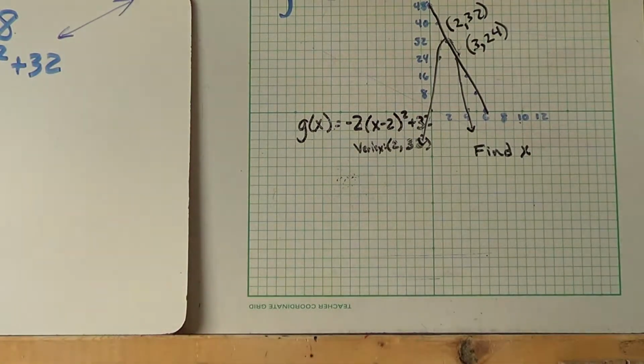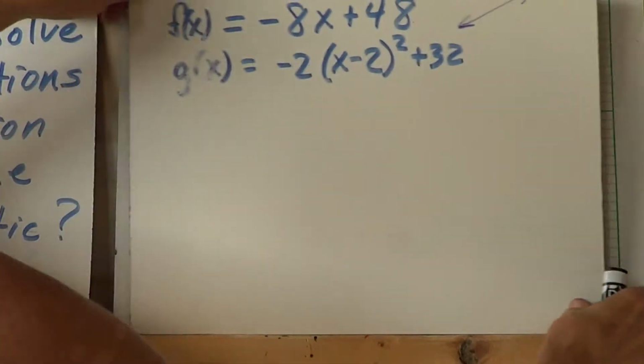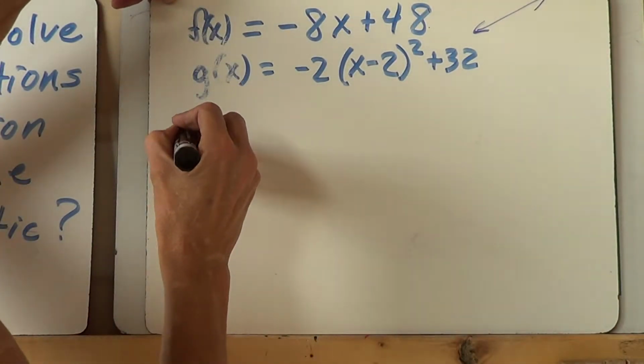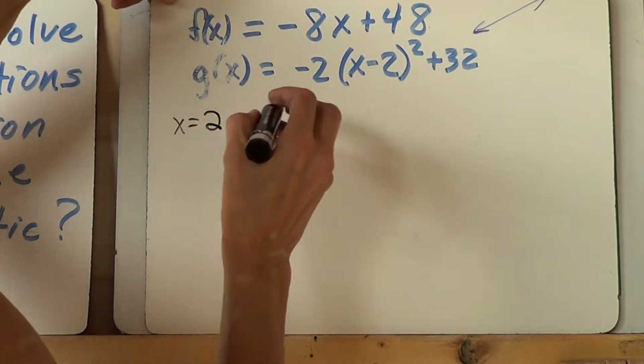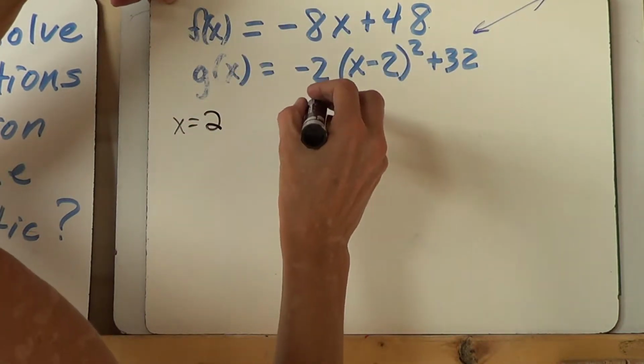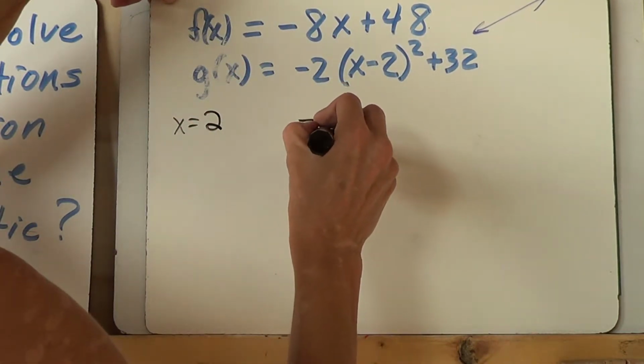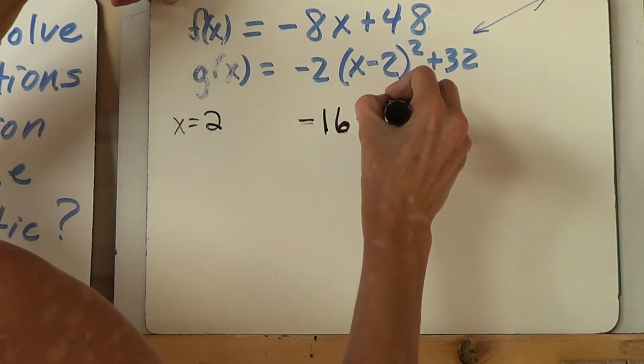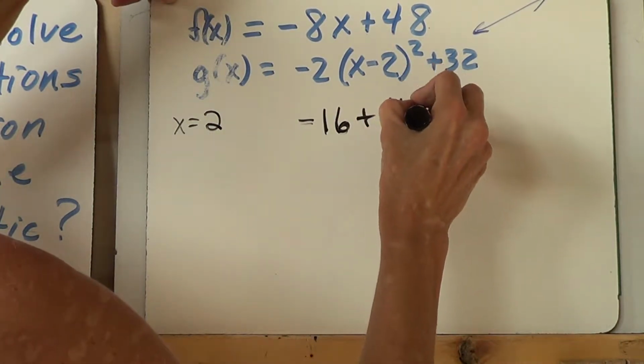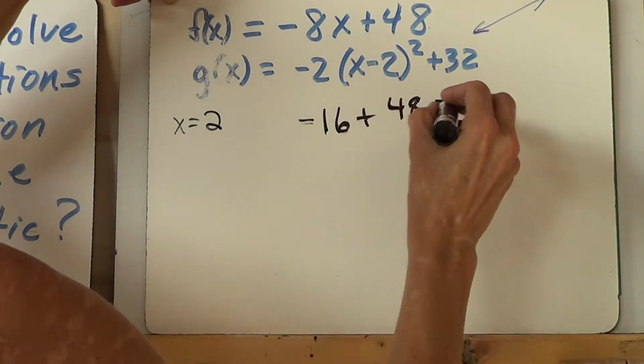So for the x values 2 and 3, I should have equal solutions. Come back over here and I can plug those in. When x equals 2, -8 times 2 is -16, plus 48 equals 32.